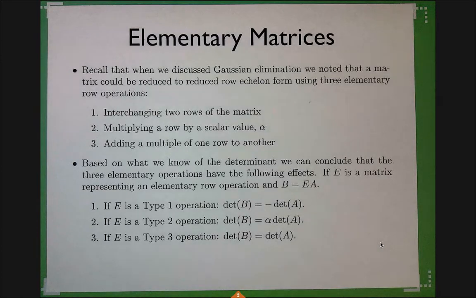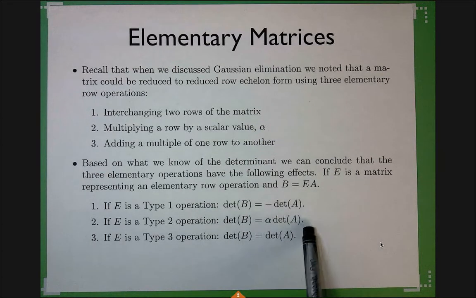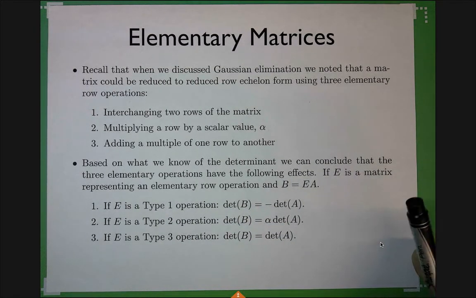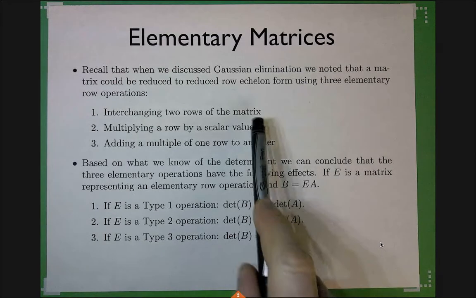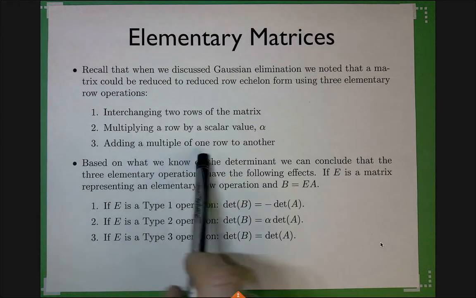If it's a type 2 operation, it means multiplying a row by a scalar value, again directly from the linearity with respect to rows, it just multiplies the determinant by alpha. Funny case is if the scalar is exactly -1, because then you get the same thing as the swap, alpha is -1. And the third one was adding a multiple of one row to another.